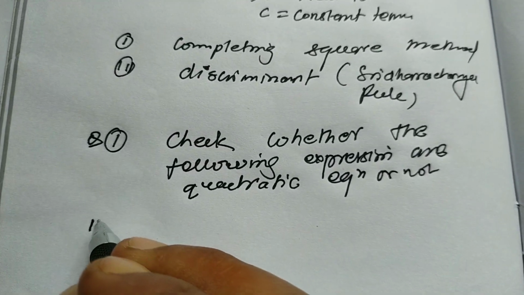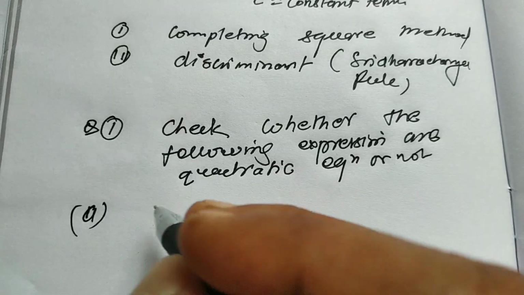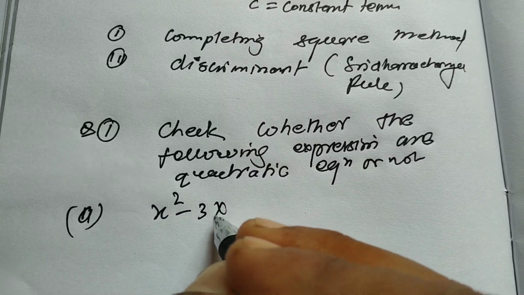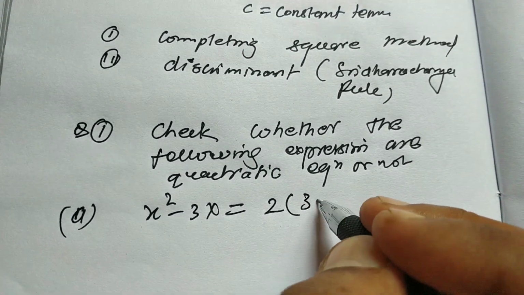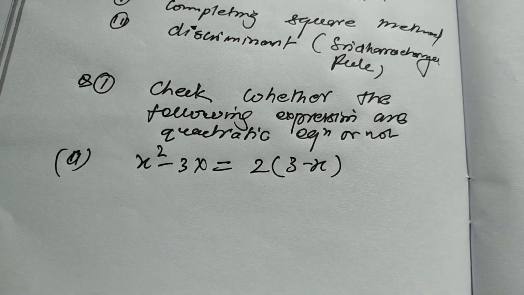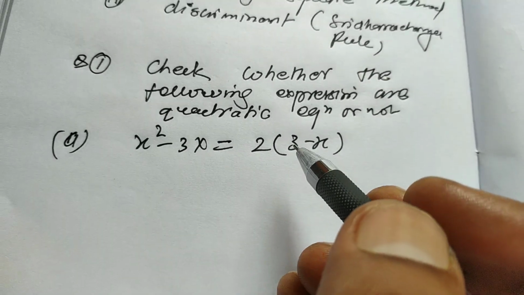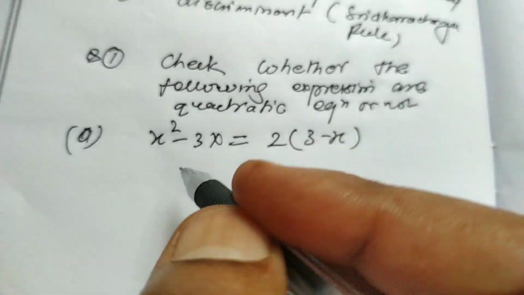Alright, the first example is x square minus 3x is equal to 2 into (3 minus x). First we have to sort this out, write it in standard form, and then check that the highest power must be 2.